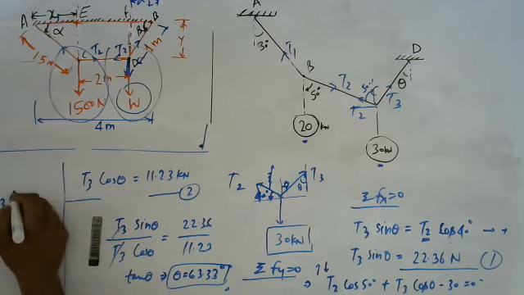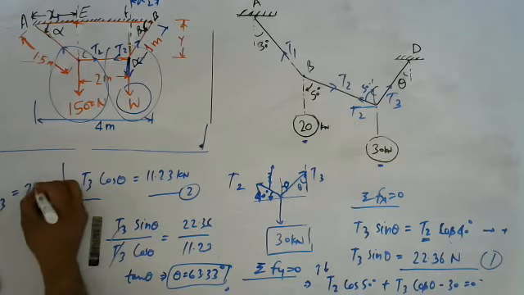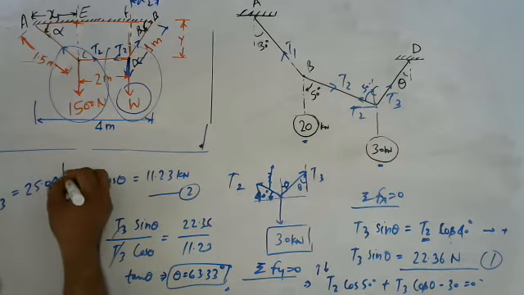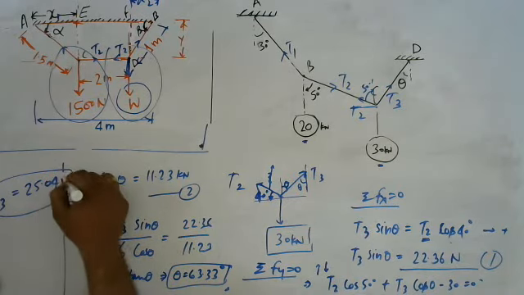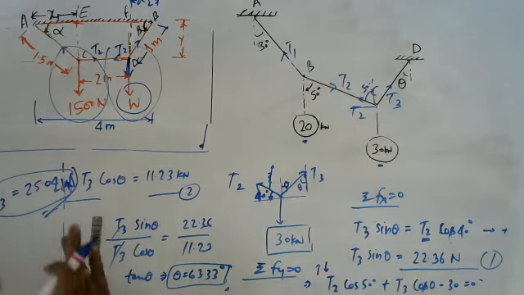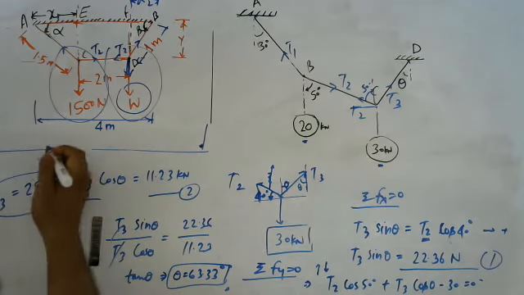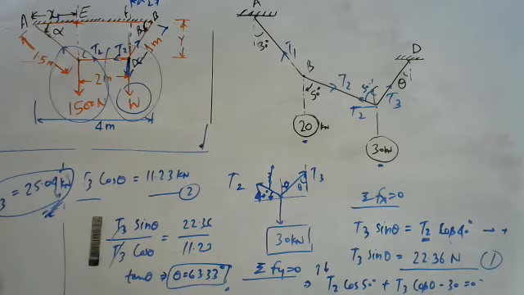From T3, now cos theta is equal to this, so 11.23 divided by answer is equal to T3, which is 25.04 something, about 25 kilonewton. This is the answer. So this was the procedure to solve.